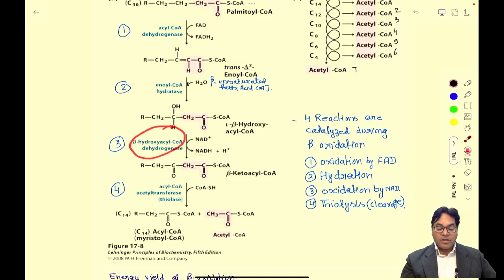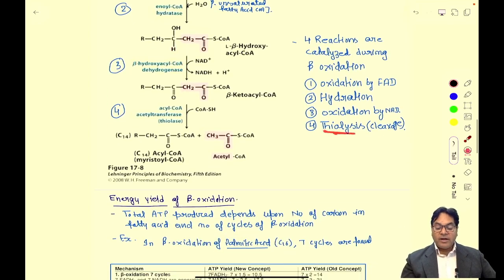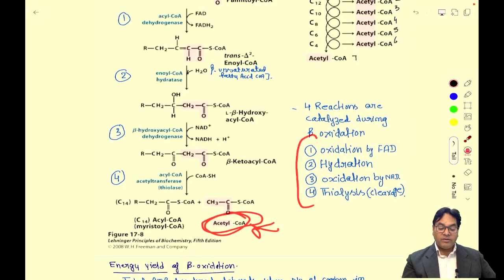Now, in the fourth step, which is the thiolysis or cleavage, this beta keto acyl coenzyme A splits into two components with the help of acyl coenzyme A acetyl transferase, also called thiolase, into myristoyl coenzyme A and the 2 carbon acetyl coenzyme A. At each step, one molecule of acyl coenzyme A is liberated. So these are the 4 steps of one cycle.